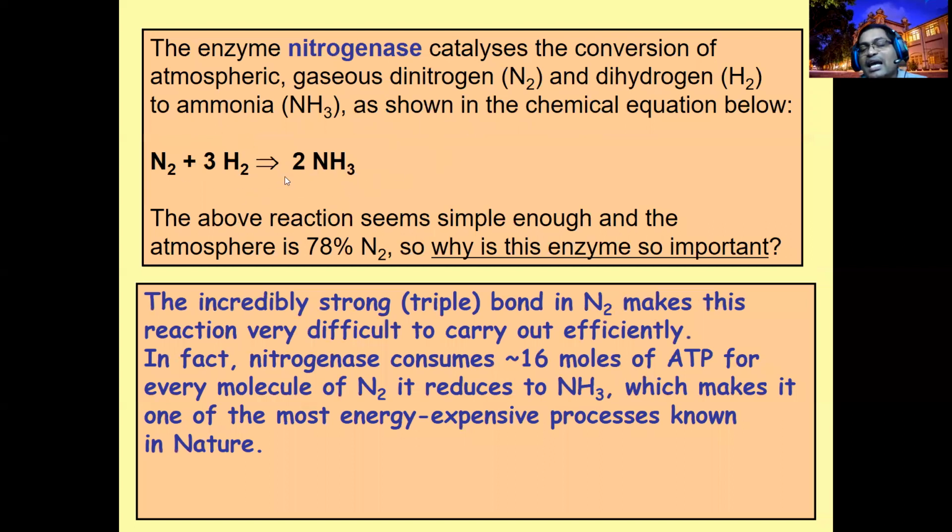This reaction can happen in artificial ammonia production only at high atmospheric pressure and high temperature. But in the presence of nitrogenase and in the absence of oxygen, N2 plus 3H2 converts into 2NH3.